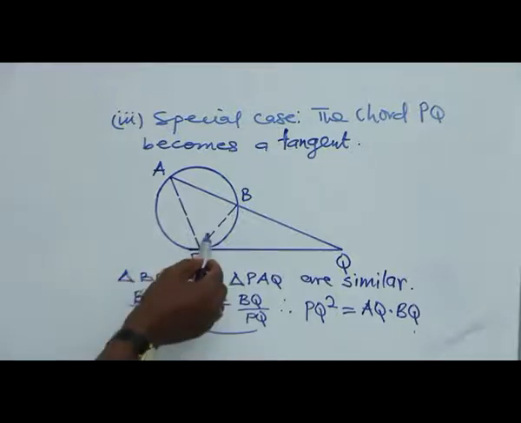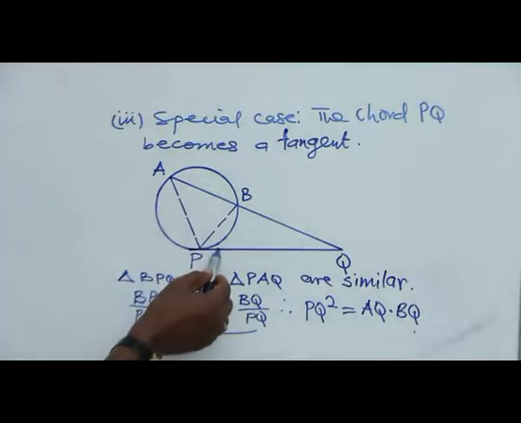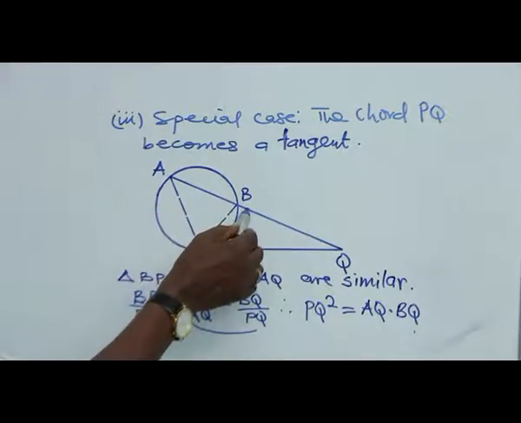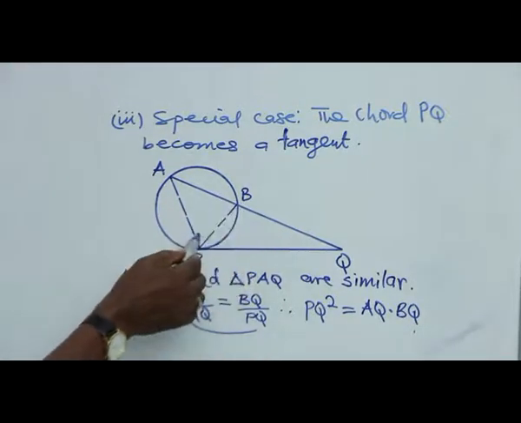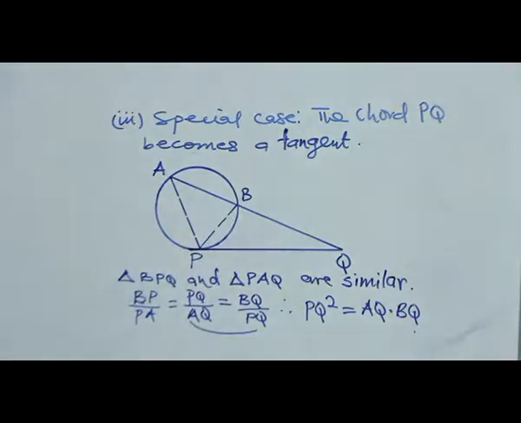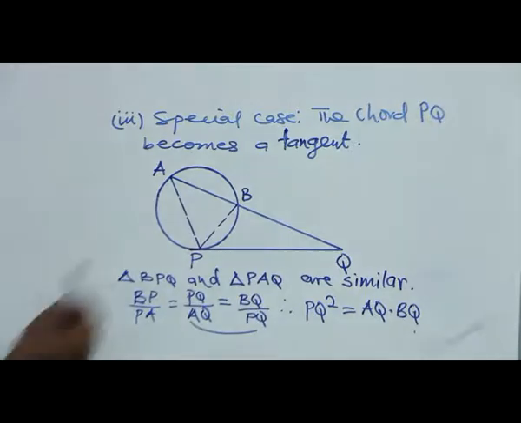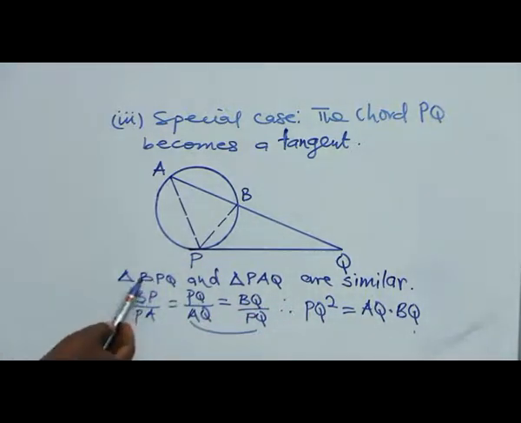You recall that this angle here is equal to this angle. And then this angle here is also equal to this angle. And this angle is common to the two triangles. And that is why we say they are similar. In this regard, BP over PA is equal to PQ all over AQ.